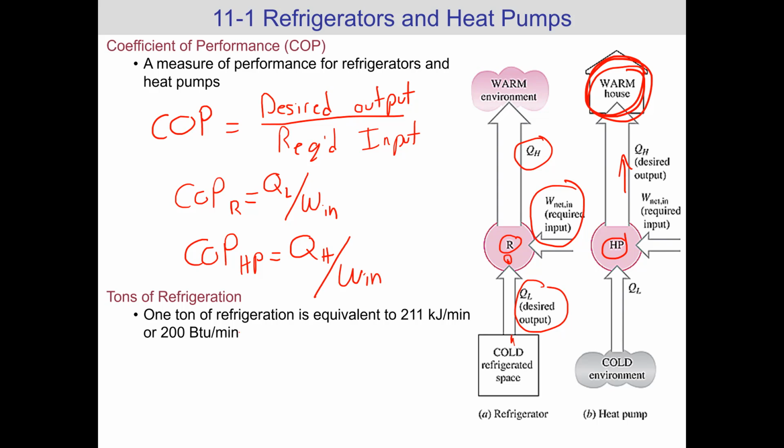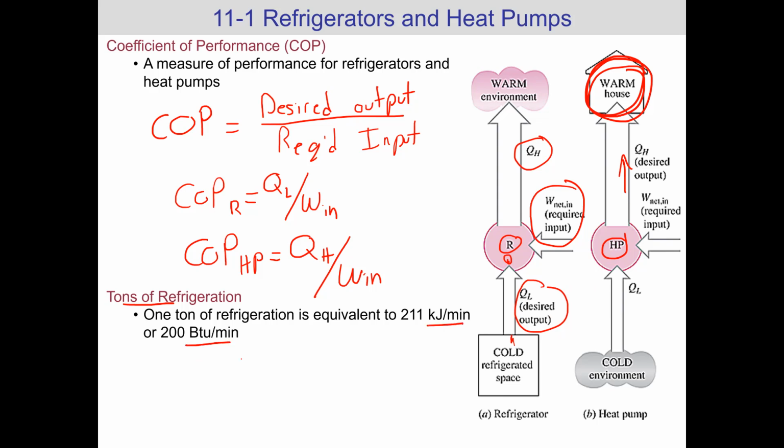And a lot of the times, people tend to talk about what's called the refrigeration load, or basically the tons of refrigeration. A ton of refrigeration is not how much a refrigeration system weighs. A ton of refrigeration is a heat rate. It's the equivalent of 211 kilojoules per minute or 200 BTU per minute.